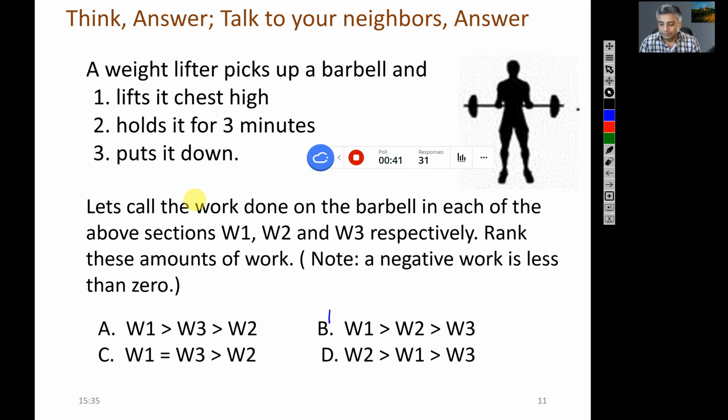Can I clarify something, Dr. Dingana? Yeah. So in the third part where it says puts it down, do you mean just lowers it down or puts it down on the floor? Yeah, lowers it down. Okay, thank you. Up, holds it, and brings it down. 3 actions, right?